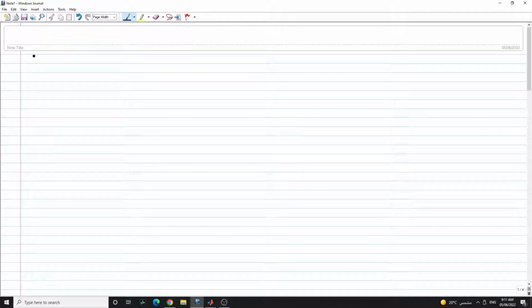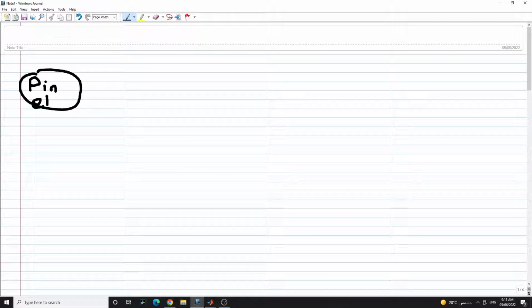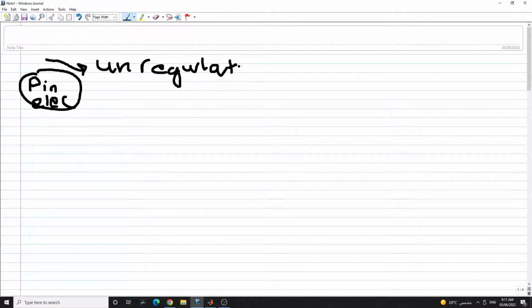So what is power electronics? Power electronics is a field that has to do with converting some sort of unregulated electric input power. For example, the power you'd get from a power station, so your 220, or depending on your country, basically 220 volts AC. And we take this power and we modify it in one way or another.